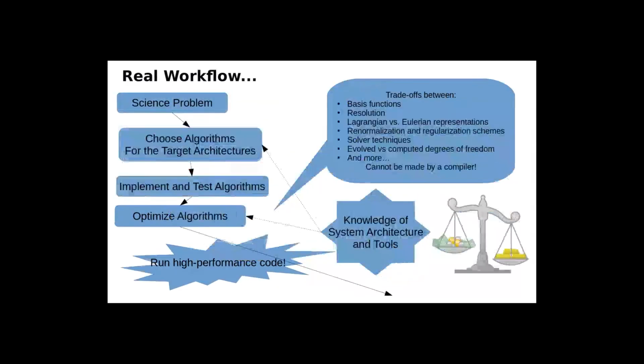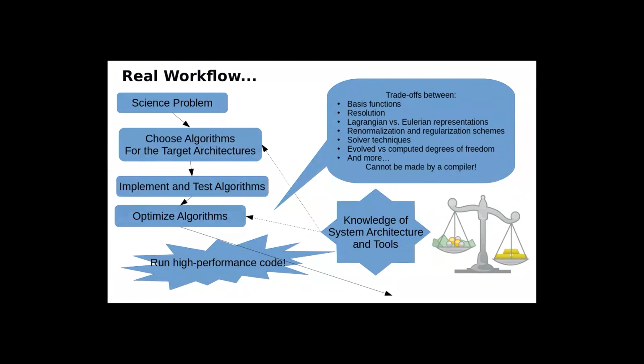The problem is that the freedom you have to optimize the algorithms once they're completely fixed is generally not sufficient in order to solve the problem with the highest possible performance. There are various trade-offs that are made when picking an algorithm and implementation, including choices of basis functions and representations, regularization schemes, and solver techniques, trade-offs between involved degrees of freedom and those that are recomputed, and so on.